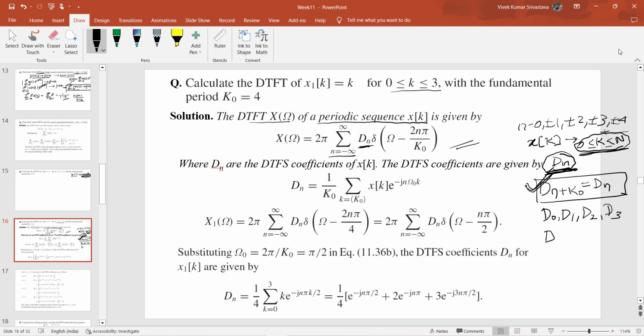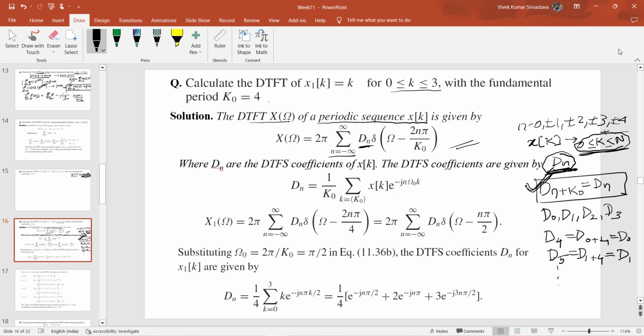If you want to evaluate the value of d4, let us say here k is 4, so you take 0 plus 4, and d of 4 will be equal to d0. Similarly, d of 5 will be equal to d of 1. Similarly you can evaluate the other discrete time Fourier series coefficients.